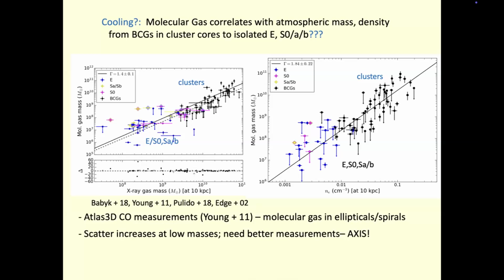But that becomes dodgier when you get down to the ellipticals and S0s, SAs, and SBs. As you go down, you can see there's an enormous scatter. And in fact, you would not see a correlation if you were to just break it up. Between the clusters, you see a correlation. You would be struggling to find a correlation for the ES0s and SABs.